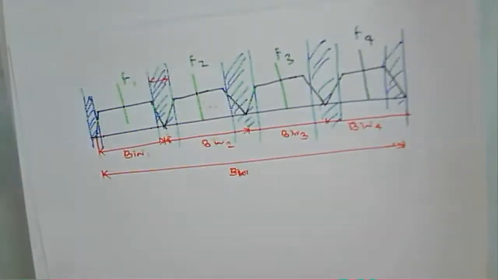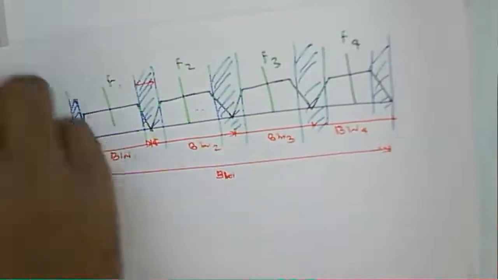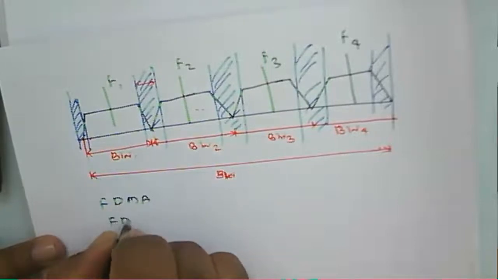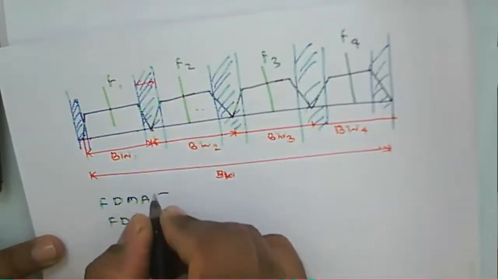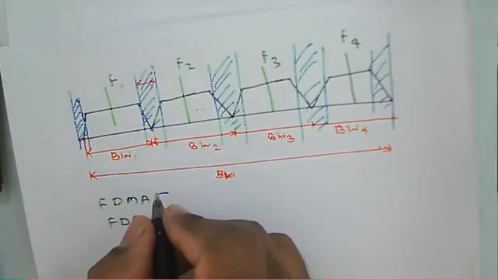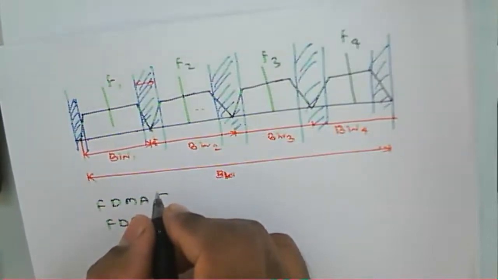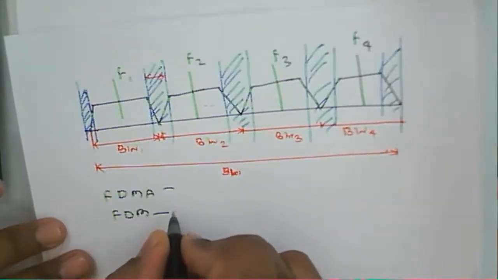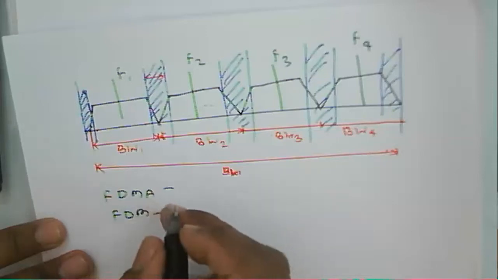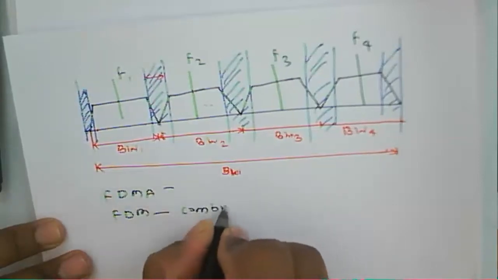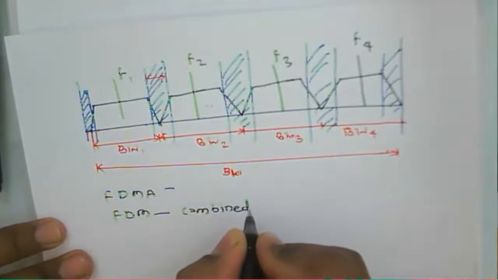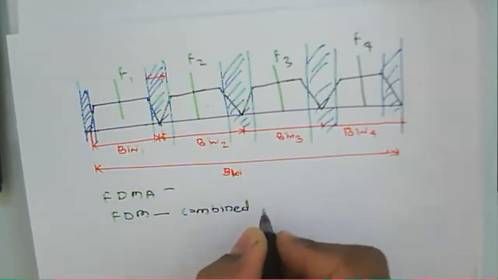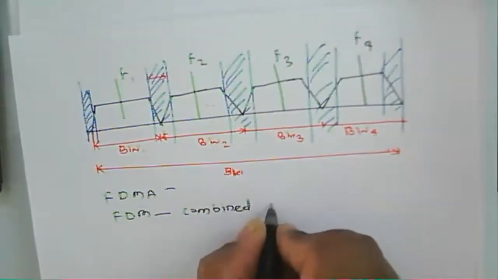Now, consider the difference between FDMA and FDM. FDM just combines signals from different sources at different locations, and then it forms a multiplex channel.